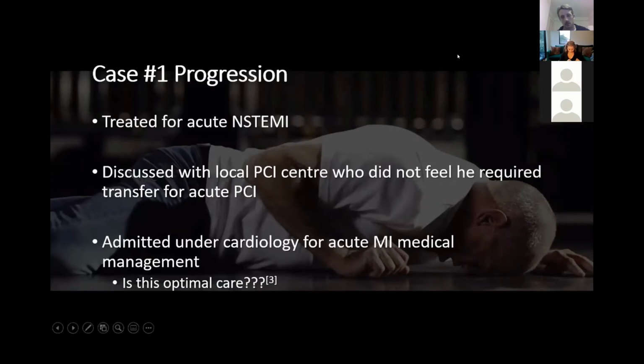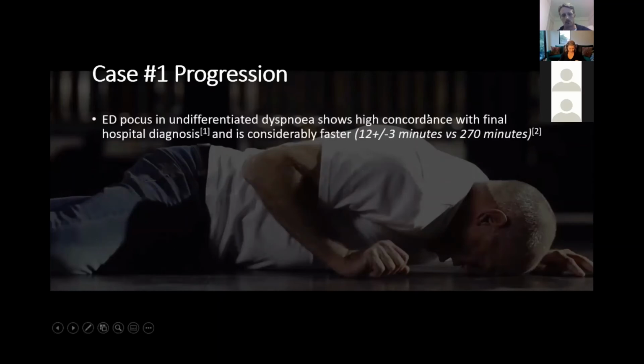And there's a good post on this on MFRIC, which talks about the occlusion MI versus non-occlusion MI, and actually should we be looking for signs that there's complete occlusion, such as regional wall motion abnormalities and so on.